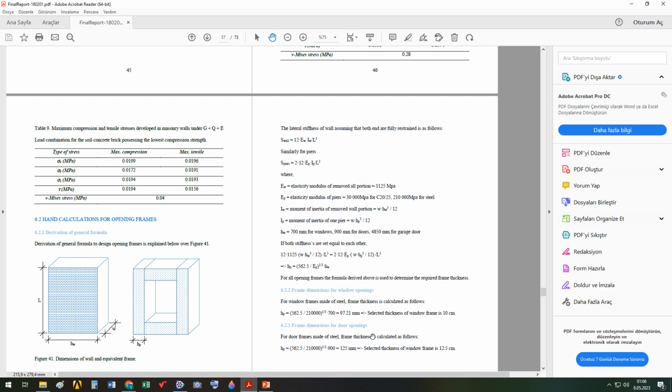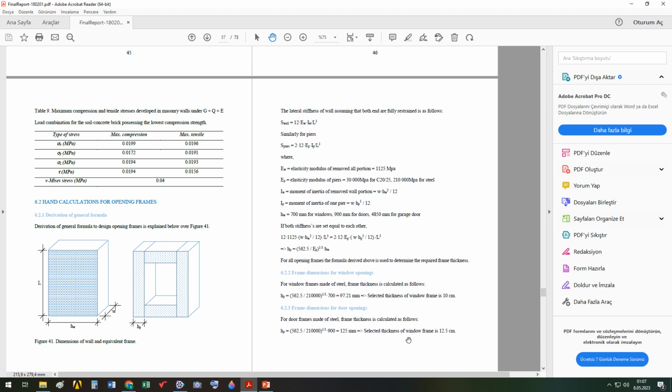And HP is determined by means of this formula. For window frame, 10 centimeter is enough if the window frame is made of steel. For doors, if it is made of steel, HP equal to 12.5 centimeter is enough.